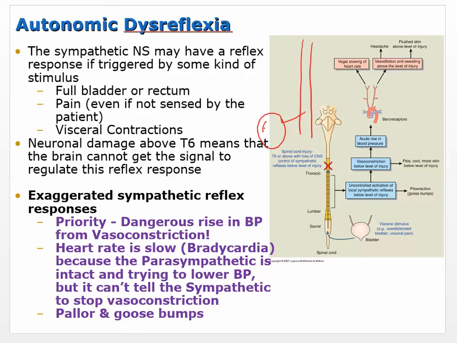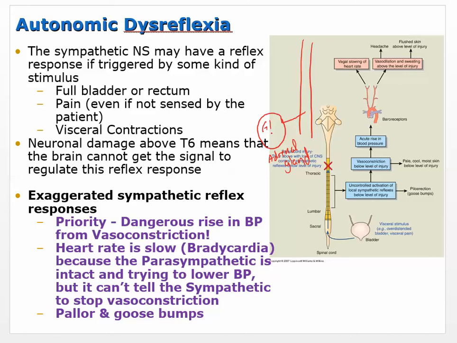So this is going to be your GI system, and it's also going to include your adrenal gland. Okay, so this is sympathetic control. And so what can happen is, let's say something triggers a sympathetic type of response. A lot of times it's associated with a full bladder or something like that.